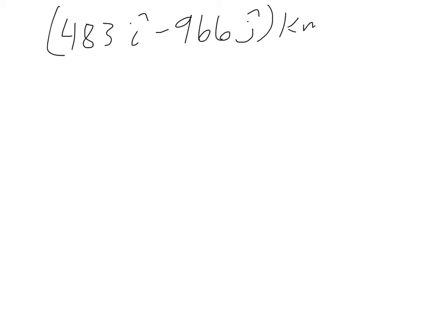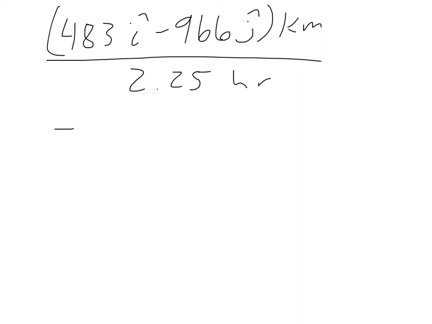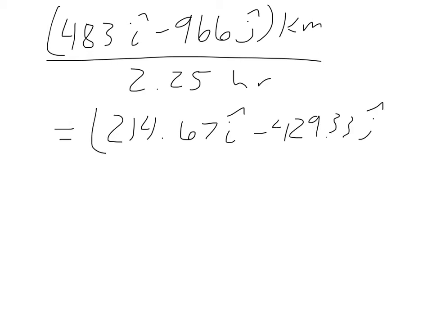And then in order to get the average velocity, we need to divide that by the total time, 2.25 hours. We now, in unit vector notation, get a value of 214.67 i hat minus 429.33 j hat. And notice that the units are kilometers per hour. Kilometers in the numerator, hours in the denominator.